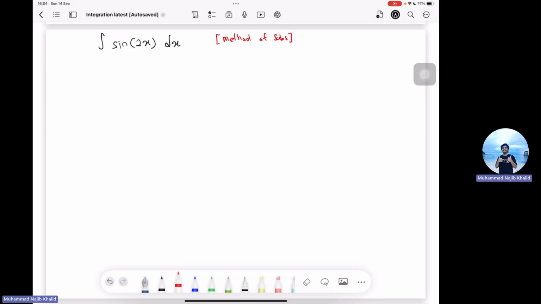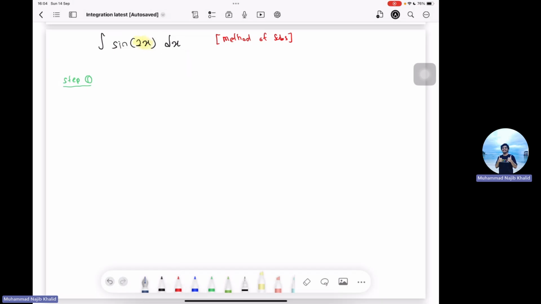Remember, the first step is we have to choose u. Let me quickly refresh: step 1 is choose u. For trigo, in most cases we choose u to be our angle. So in this case, our u is 2x.